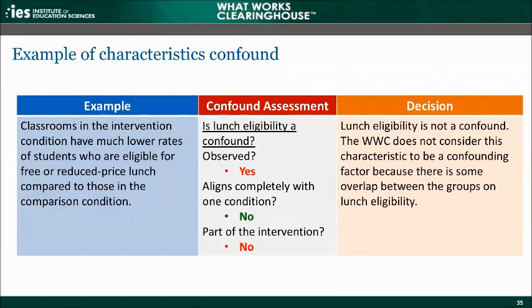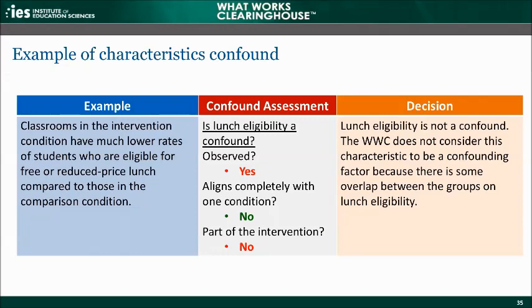In this example, consider a study in which classrooms in the intervention condition have a much lower rate of students who are eligible for a free or reduced price lunch compared to classrooms in the comparison condition. Is lunch eligibility a confound in the study?